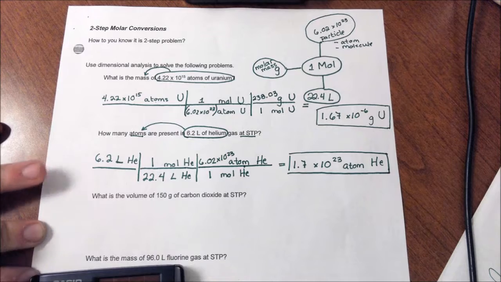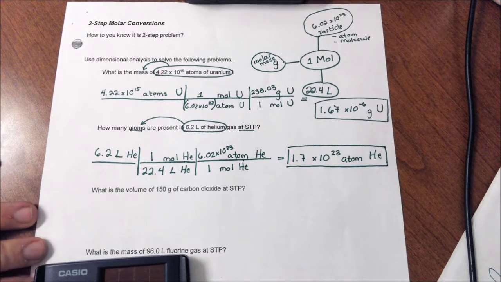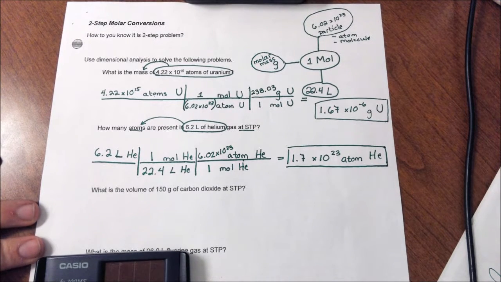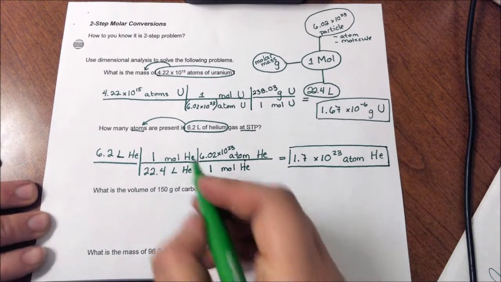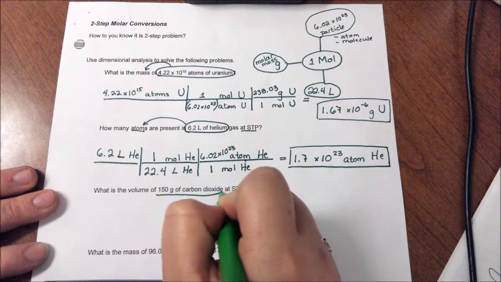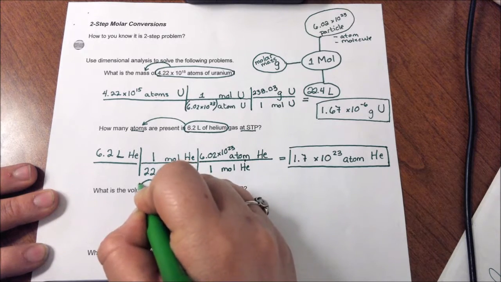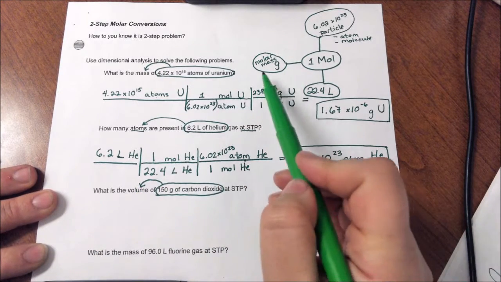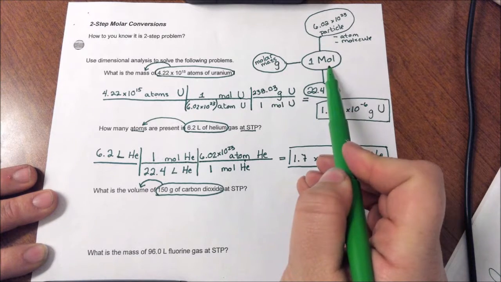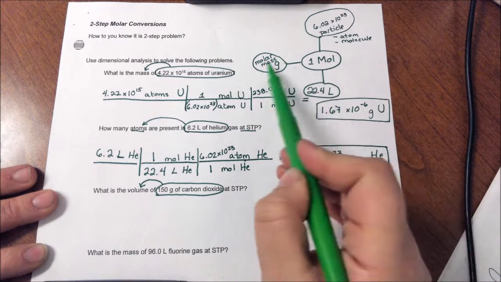And then I'm going to do one more problem so you guys can see. And this one's going to involve grams. So I'm starting with 150 grams of carbon dioxide, and I'm going to volume. So I'm going from mass to mole to liter.